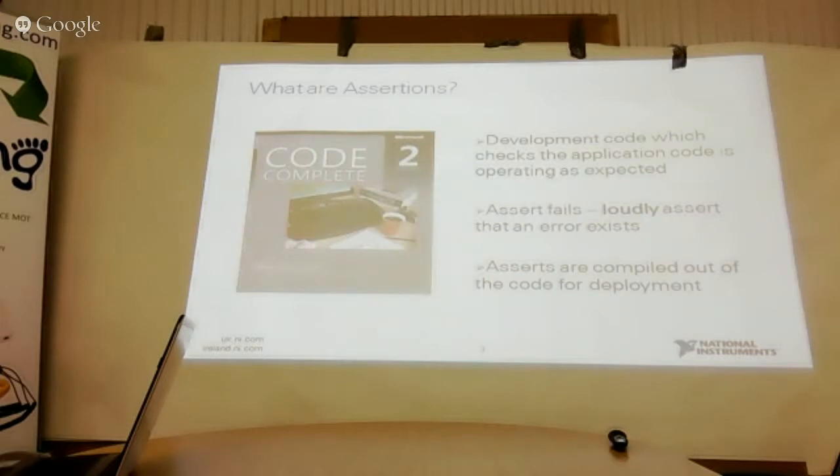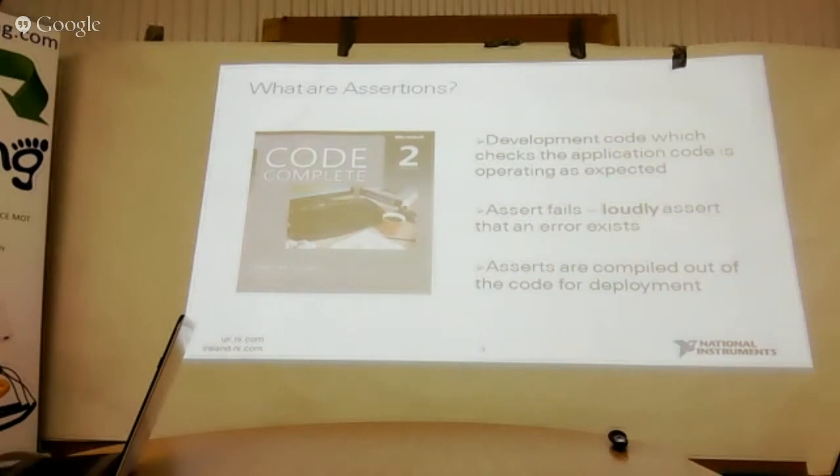If you put these assert value or assert bits of code within your application, then you can just leave them there and forget about them. If this sub-VI continues to perform to the specification, then the asserts will never do anything.